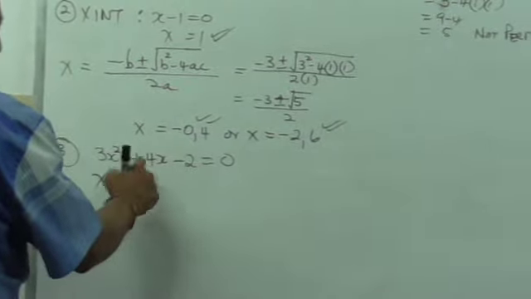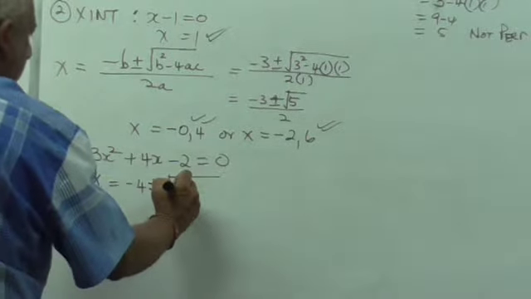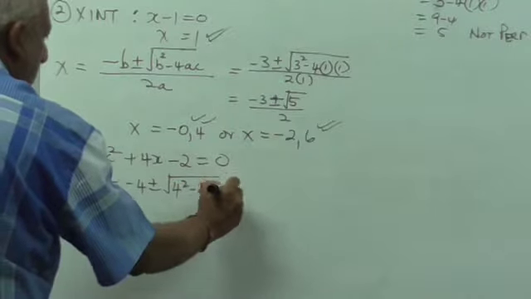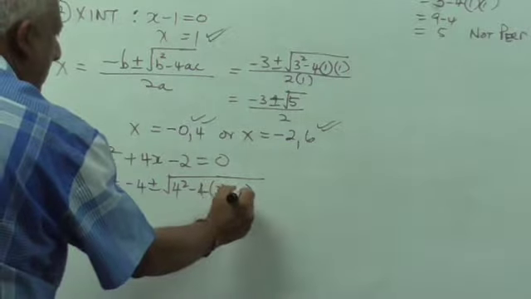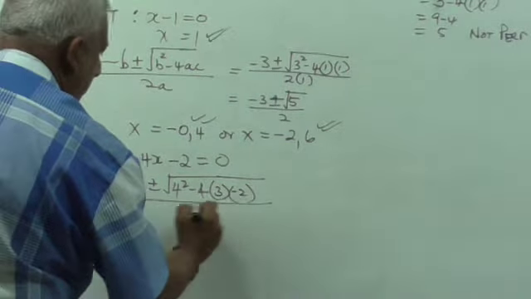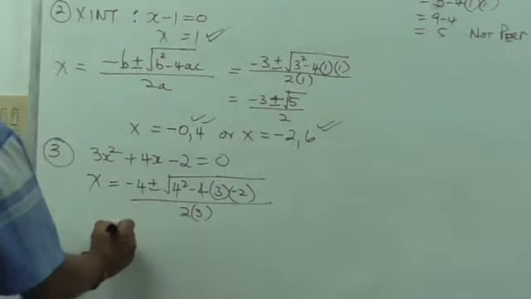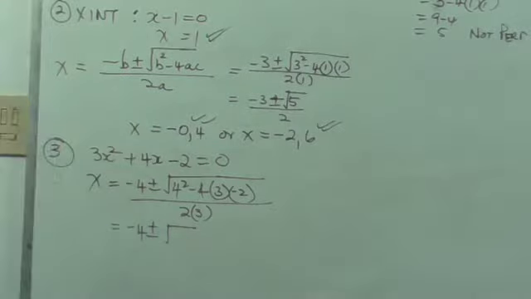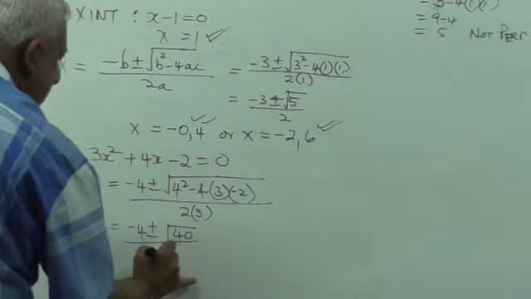x is equal to minus b, that will be minus 4, plus or minus the square root of b squared, that will be 4 squared, minus 4 into a into c, all over 2a, and that will give you minus 4 plus or minus the square root of 40 all over 6.